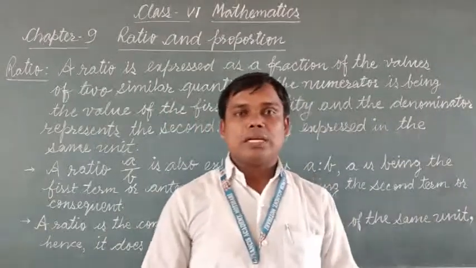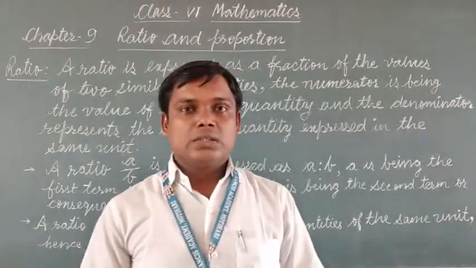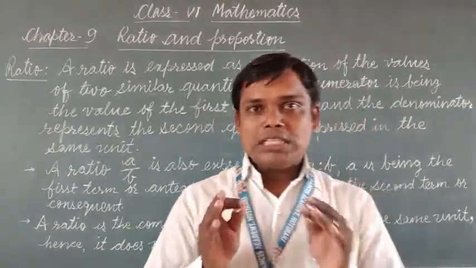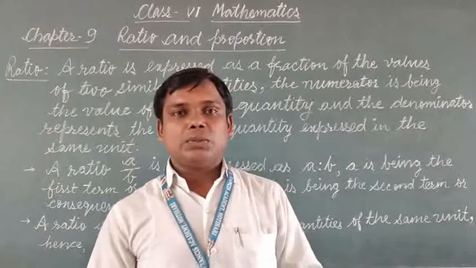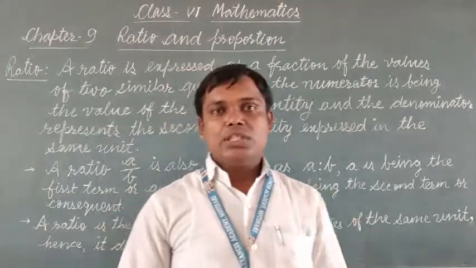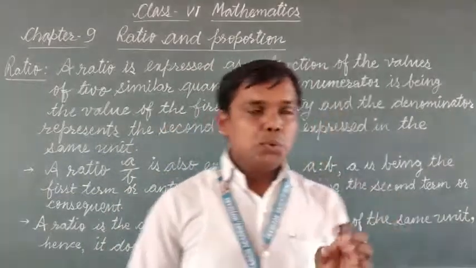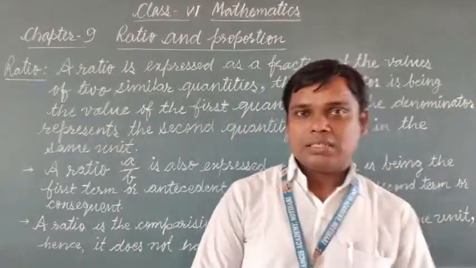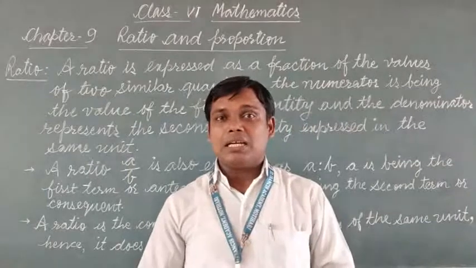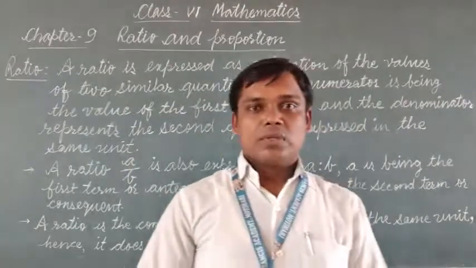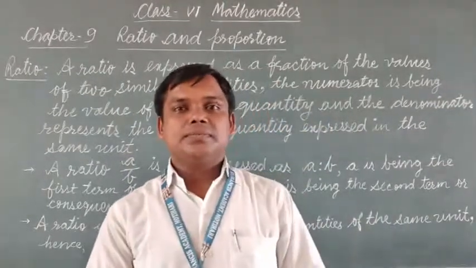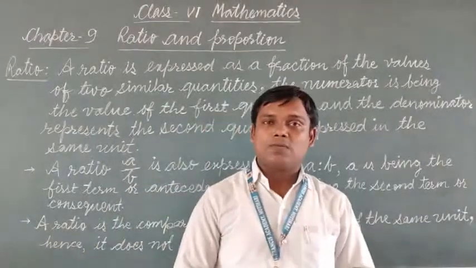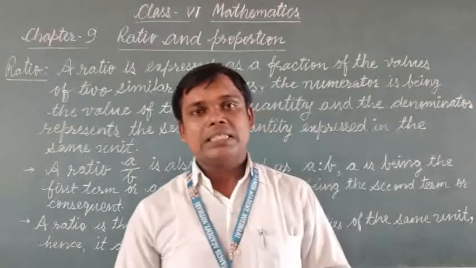First of all, we will come to know what a ratio is. Before discussing this, I would like to tell you, ratio is used to compare two quantities of similar kind. We have already studied other methods of comparison of quantities.